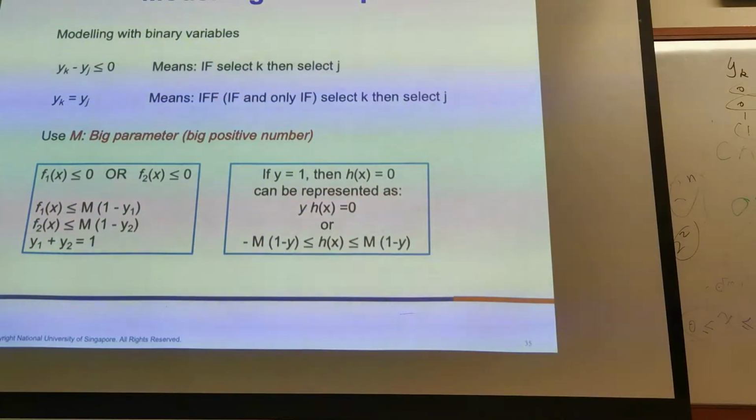But if my first one is 0, then my second one can be anything, so it always holds. This way you just constrain one direction, a more relaxed constraint than the second one. It only means if I choose k, I must get 1 for j. But if you don't choose k, then it's free. This constraint is relaxed. So this is a way to model the coupling relationship between these two.